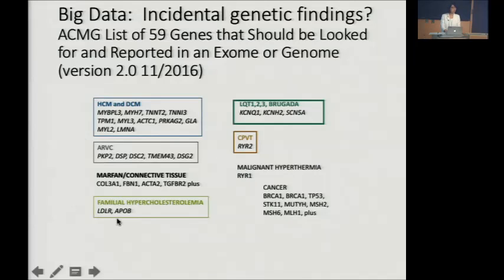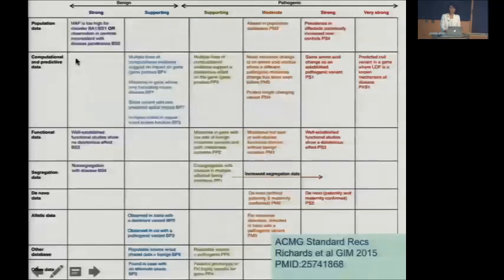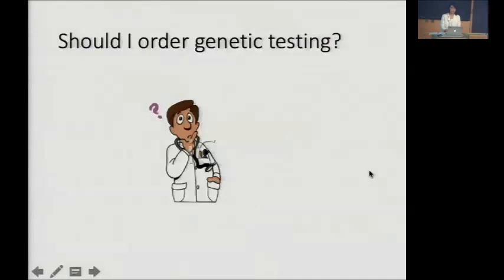So internists really need to be aware of these kind of findings. And this is actually the attempt of the ACMG to unify variant classification. And so I spend a lot of time with this table, actually, and classifying or reclassifying variants myself.